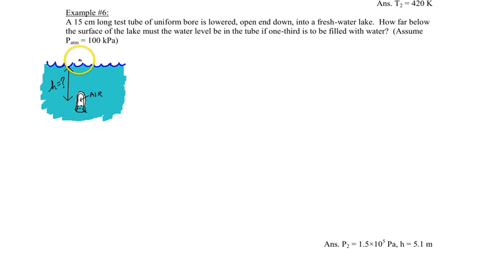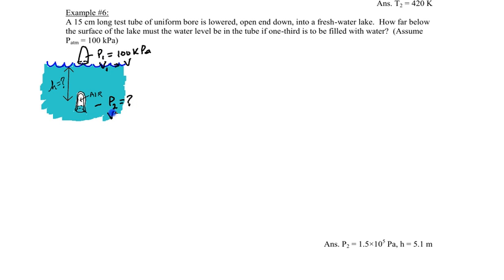So what we'll first do is we want to know what is the relationship between pressure and volume. Because when the test tube's up here, it's completely full of air. And so we have pressure 1 is 100 kilopascals, and we'll simply call volume 1 V. But when you're down at this spot, the pressure is new. We don't know what that pressure is because it's down deep in the water.